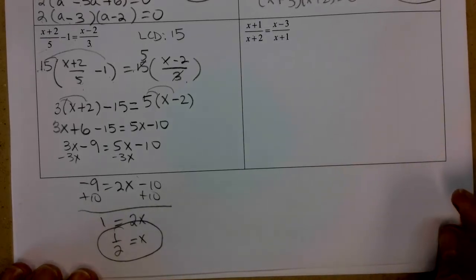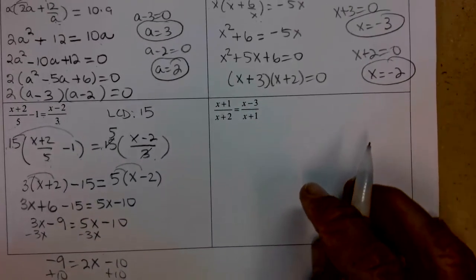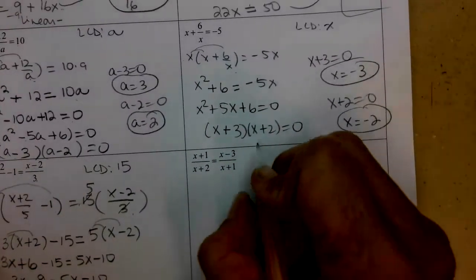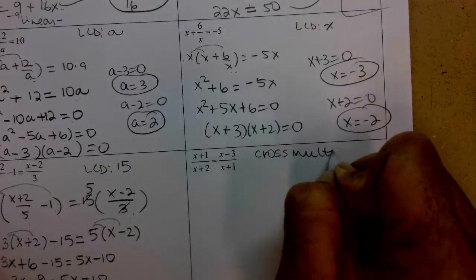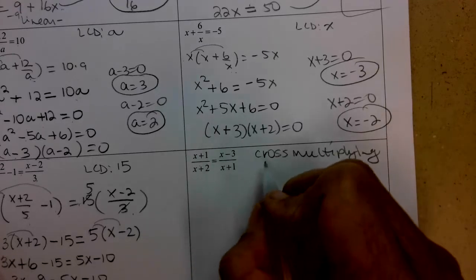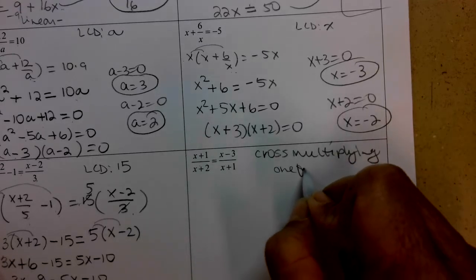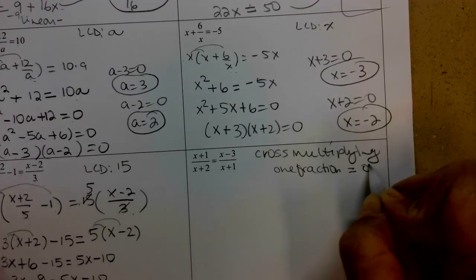Okay, so I have this last example, and I'm going to show you a strategy that only works sometimes. And that strategy is cross-multiplying. Cross-multiplying will work when you have one fraction, and only one fraction, equals one fraction.